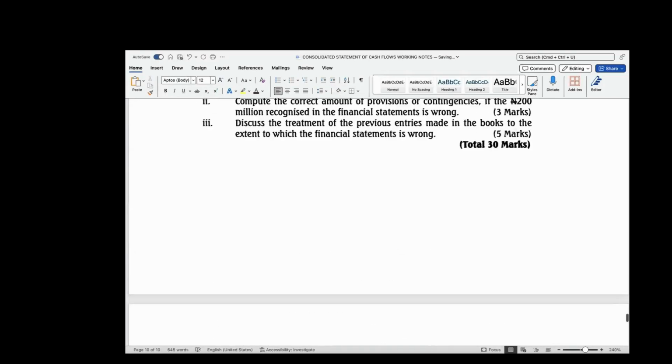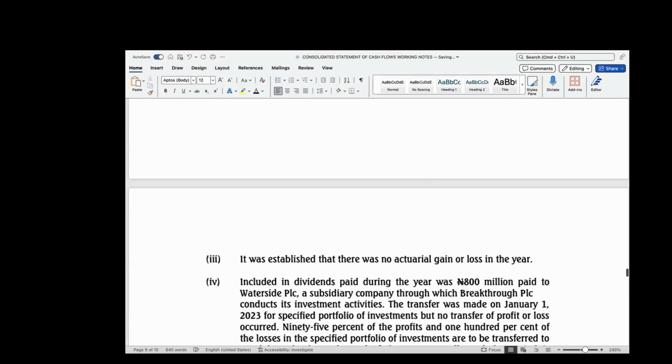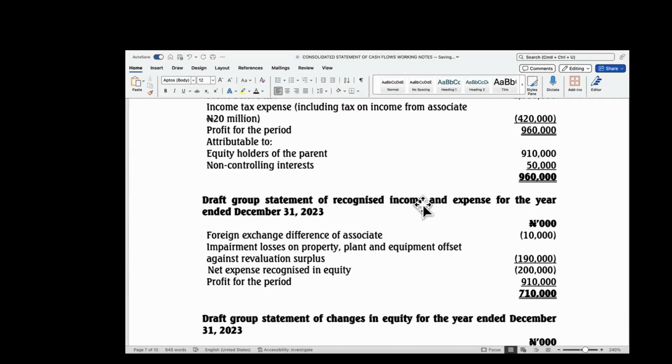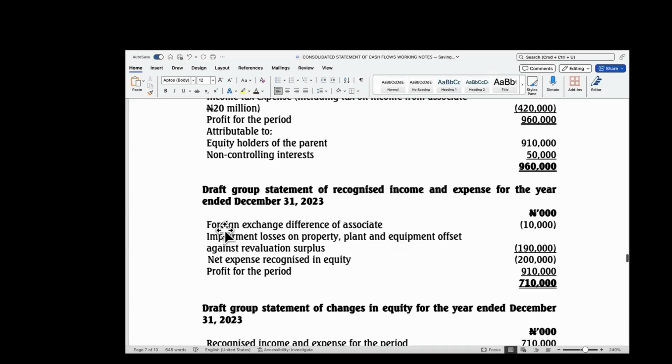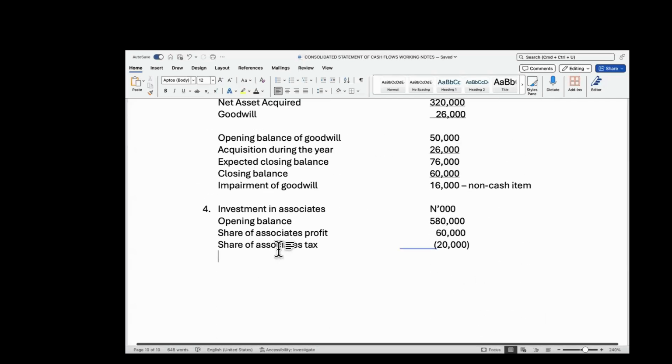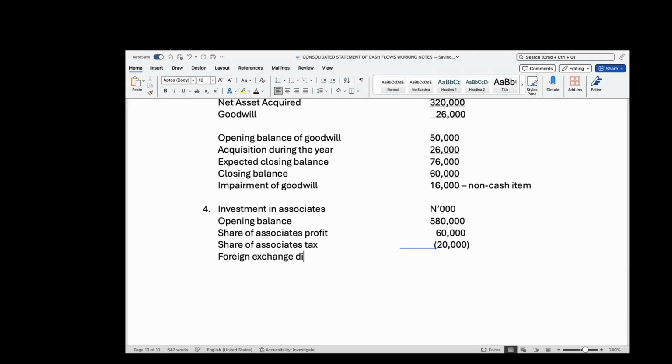And there's something that I almost omitted. They call it one funny name: statement of recognized income and expense. So there was a foreign exchange difference of associates, a loss of 10. So apparently, maybe that associate is a foreign associate. Difference of 10.